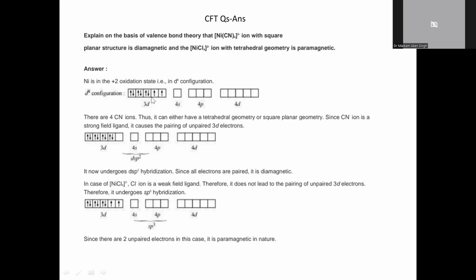Since the CN ligand is strong, in nickel you have 2 unpaired electrons, which get into the paired state. Here 8 electrons, also here 8 electrons.